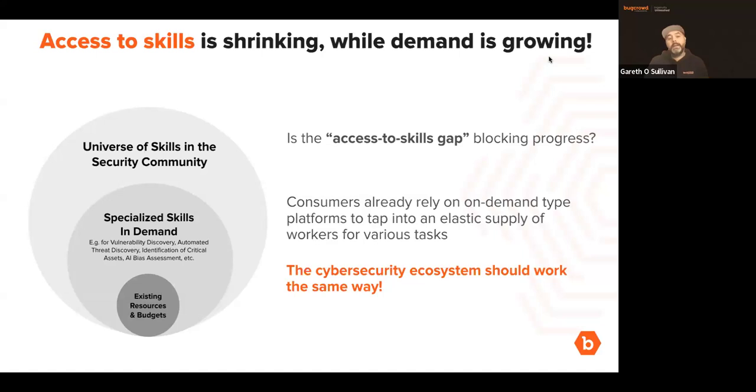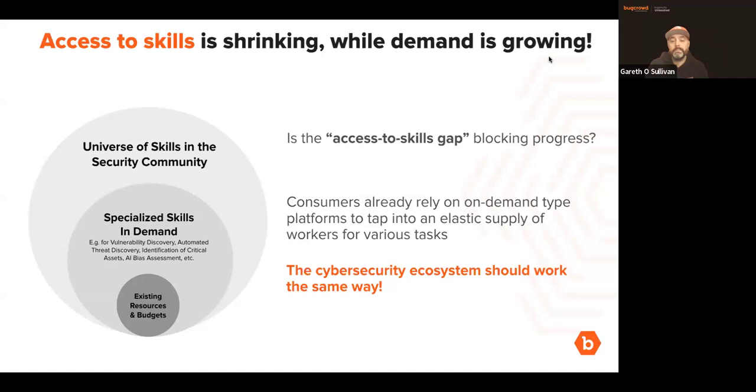As a model, consumers should already be quite familiar with this kind of on-demand platform where you can tap into, as it says here, an elastic supply of workers for various tasks. We see it with a range of platforms that offer different types of services where consumers can consume expertise. There's no reason why the cybersecurity ecosystem shouldn't work the same way. With Bugcrowd, we've got a very large crowd that we can tap into.